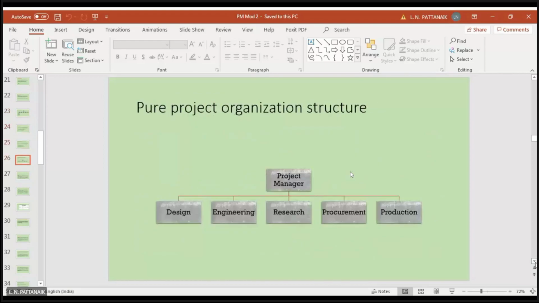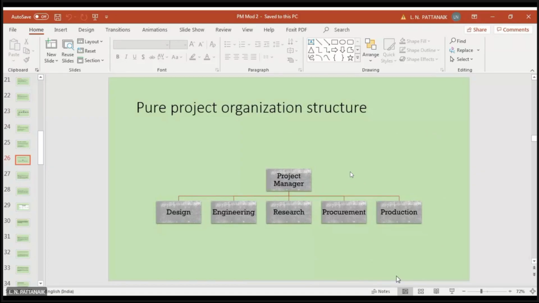Next one is called pure project organization structure. Okay, it's not very different from your functional organization, but why is it called pure project organization? Depending on the requirement, suppose you have a temporary project only. For example, suppose you are having a project for election campaigning or production of a movie, right?